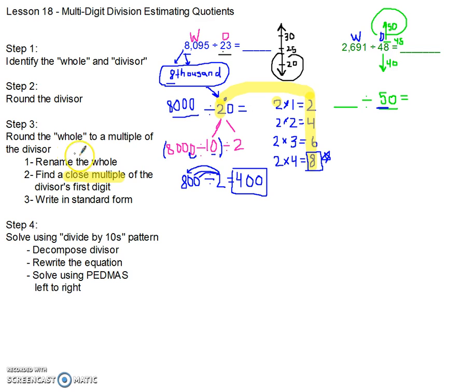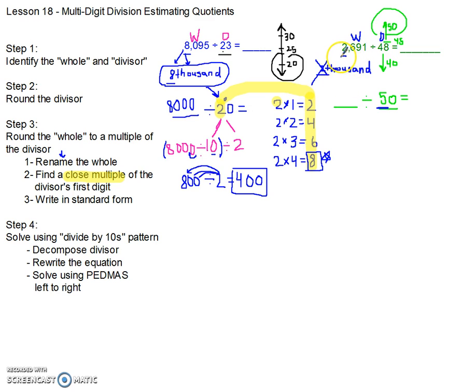So we want to rename the whole, taking a look at that 5. I could do 2,000. But when I ask myself, can 2 be divided by 5? The answer is not using a whole number, so I don't want to use the 2,000 renaming.